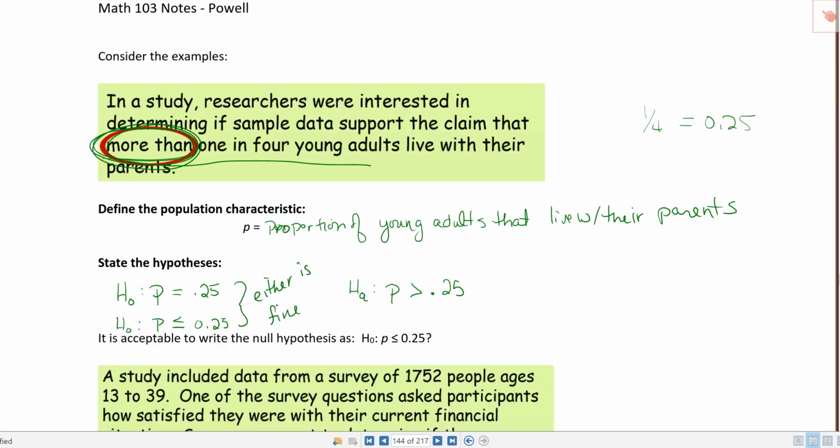What's important is that we are using the population characteristic P, and that the null hypothesis has the equal sign in it, and it is a different claim than the alternative hypothesis. So yes, it is okay to write P is less than or equal to 0.25, but P equals 0.25 works just as well.